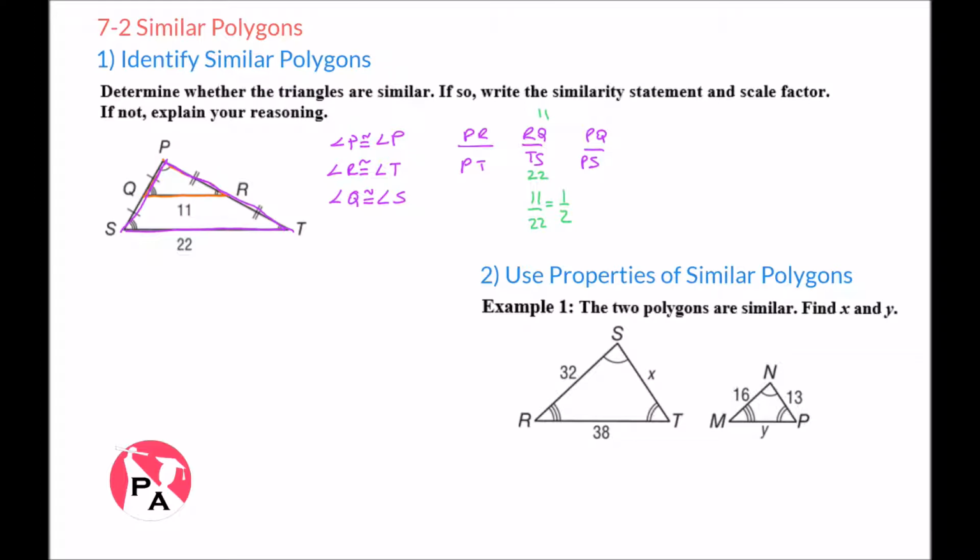So for sure, PR over PT is going to be 1 over 2, and the ratio of these two sides is going to be 1 over 2 as well. Here's a quick proof of this. If we assume this is A, as you see, QS is A as well, because they have the same symbols.